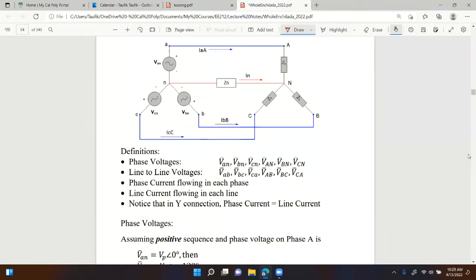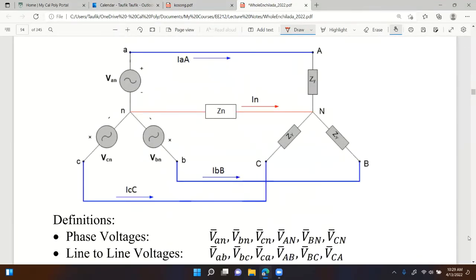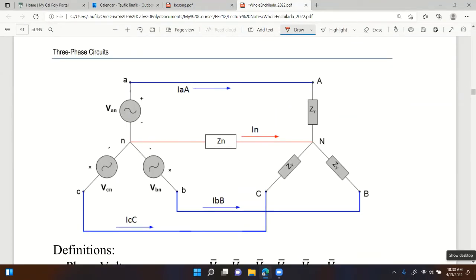What is the definition of phase voltage? Let me zoom in a little bit here. Phase voltage is the voltage that appears across each phase. So we have phase A, phase B, phase C, right there. Agree?